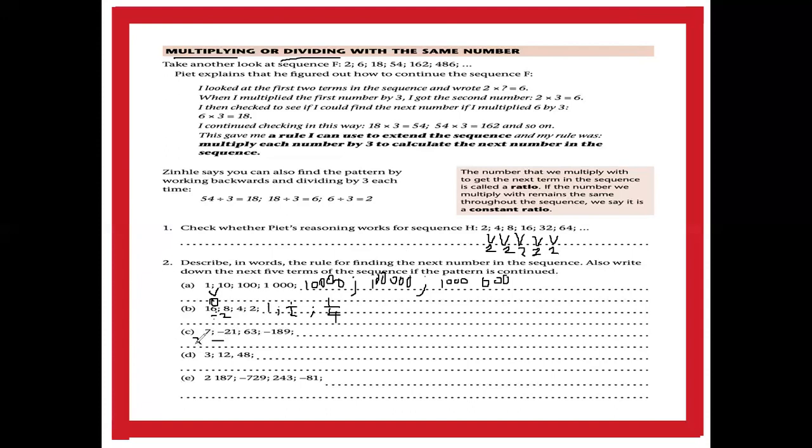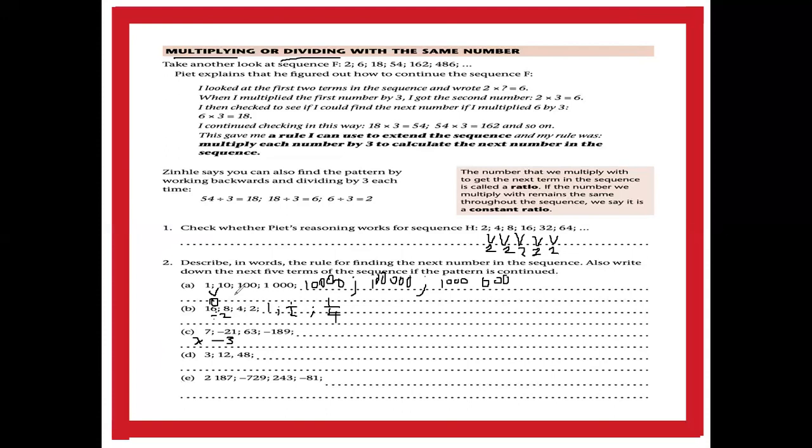So I'll write here, times minus 3 will give us minus 21. And then minus 21 times minus 3 will give us a positive, remember, because if you multiply a negative by a negative, it becomes a positive. Then you'll get 63. And then again, if you multiply 63 by minus 3, you get minus 189.